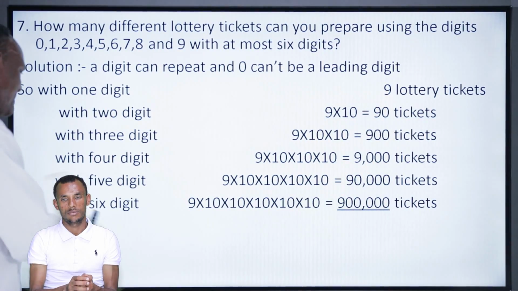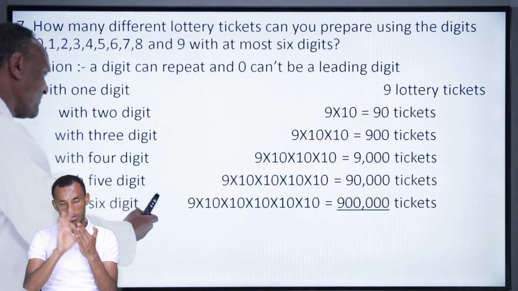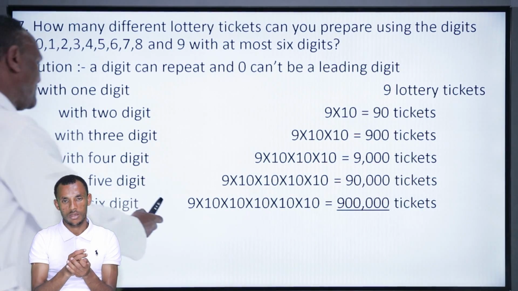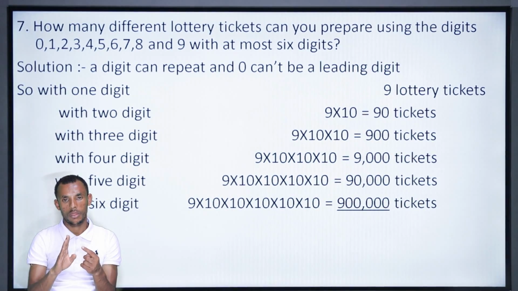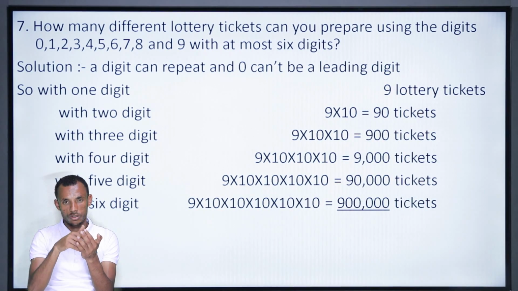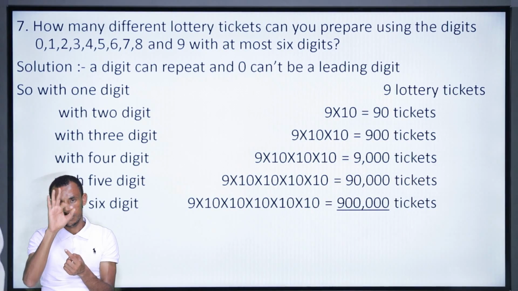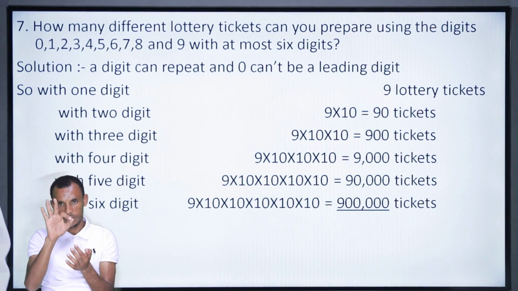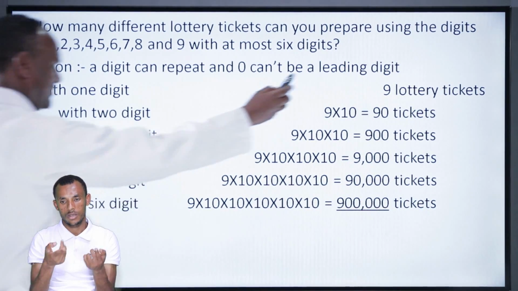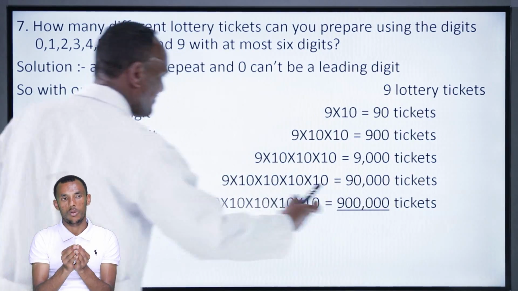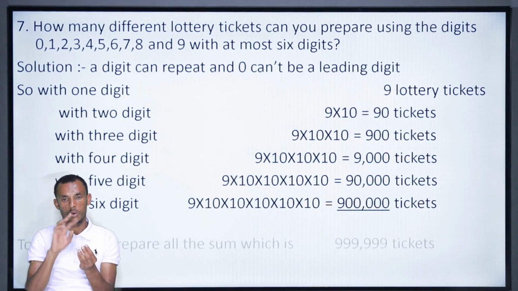And for 6-digit numbers, you have values from 100,000 up to 999,999. So when these lottery tickets are added up, you will get the total that you can prepare.